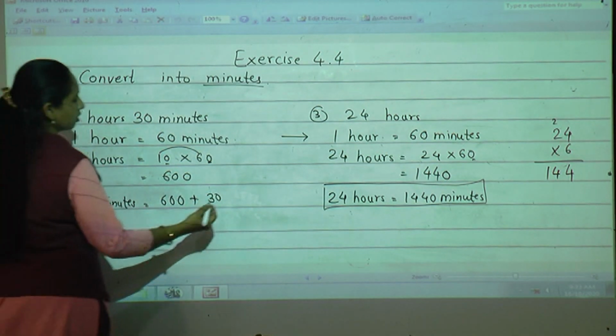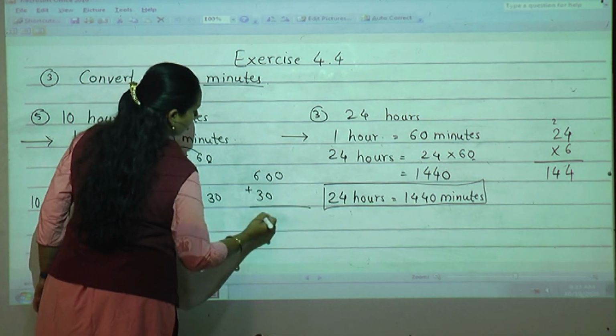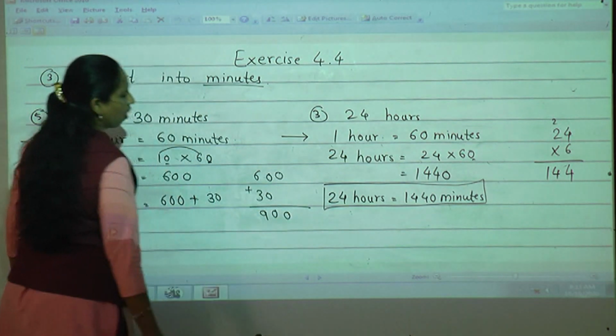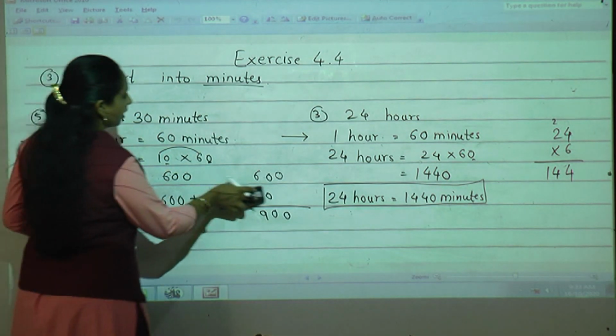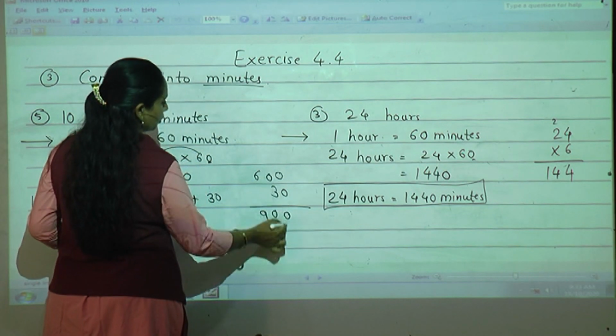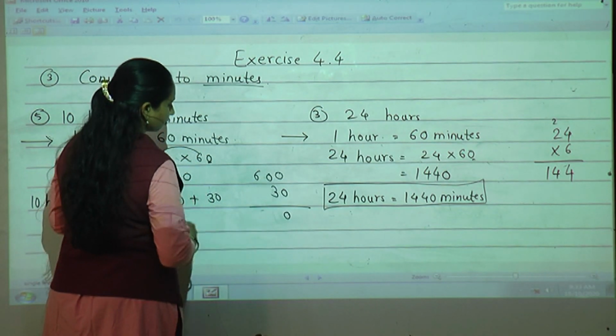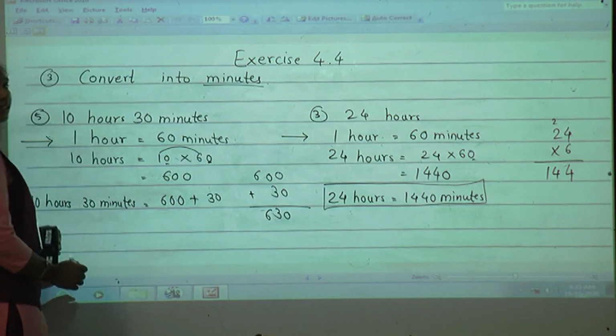Now do the addition, write properly. If you write in this way, the sum will go wrong. So see the unit place, start writing from units place only. 0 here, 3 here. Now do the addition. 0 plus 3, 3, 6 as it is. 630.